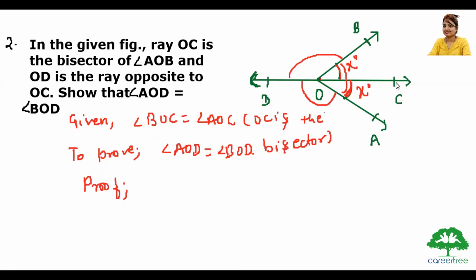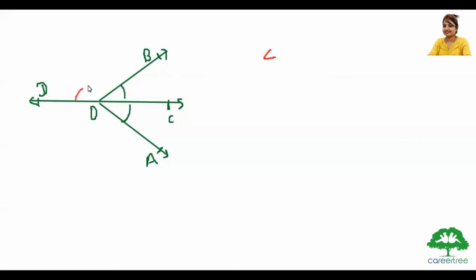You can see here COD, or DOC, is a straight line. So we can use the straight line property. It means angle BOD plus angle BOC will be equal to 180 degree, a linear pair.